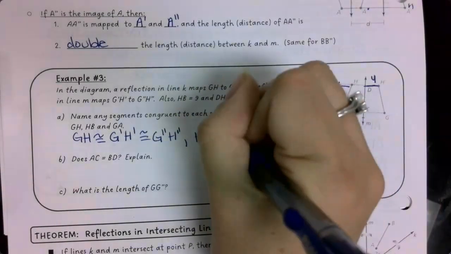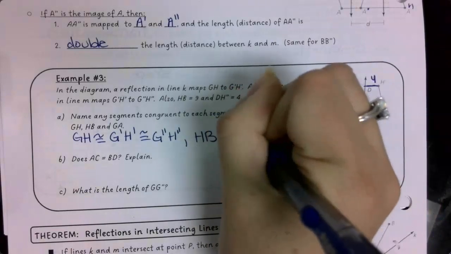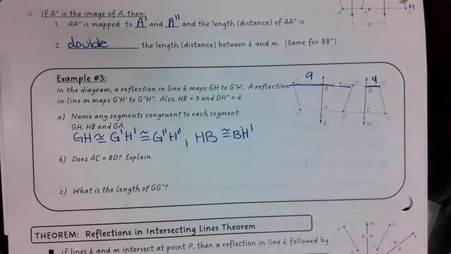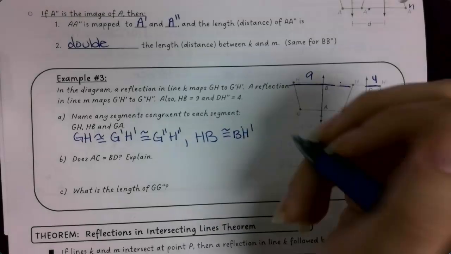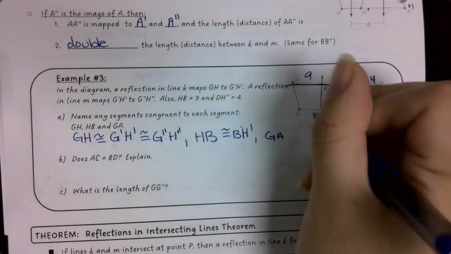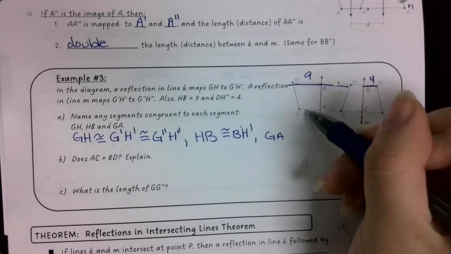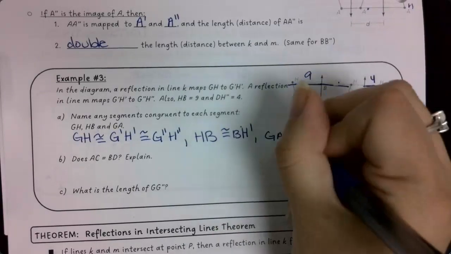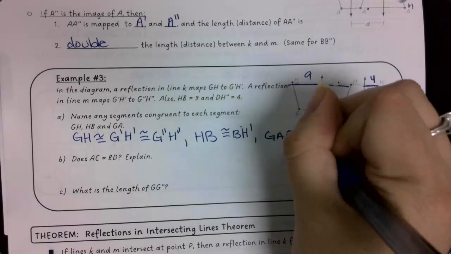B prime H or BH prime is going to be congruent to that because reflections are the same distance away from the line they're reflecting across. And then GA is this line segment right here, so it's going to be the same as A G prime.